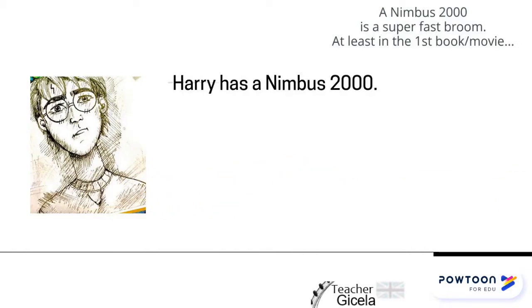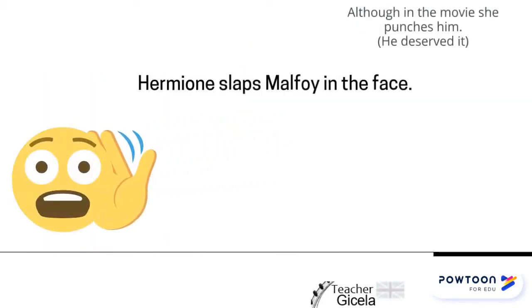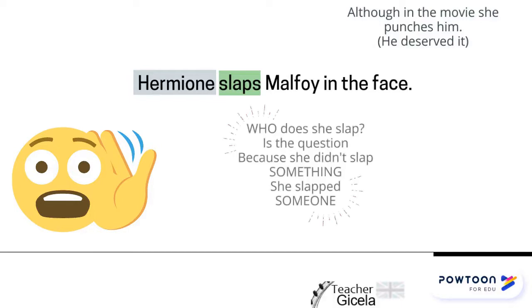Subject, Harry. Verb, has something. What does he have? A Nimbus 2000. Hermione slaps Malfoy in the face. Subject, Hermione. What does she do? She slaps something or someone. Who does she slap? Malfoy.